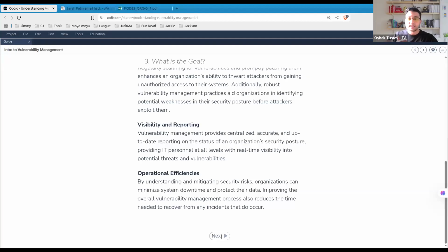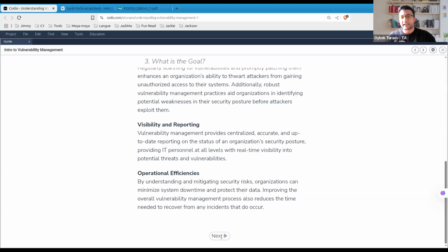As a result, it helps to reduce the time, for example, to recover from incidents. Whenever an incident occurs, guys, it takes lots of resources, time, and budget for the company. That's why a proactive approach plays a crucial role in fighting these attacks. It's always said that a proactive approach is better than a reactive approach.